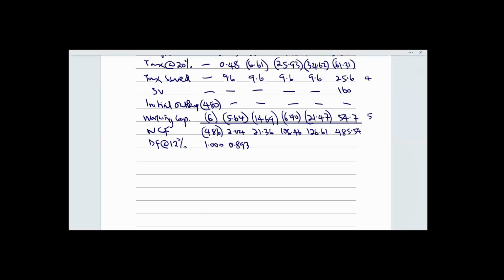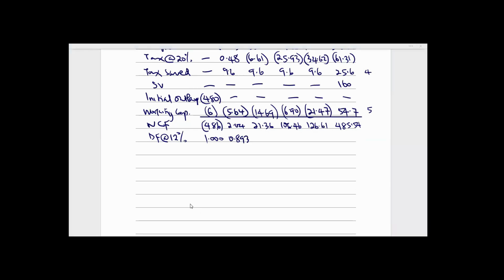Discount factor for year 2 is 0.797. The next is 0.718, then 0.636. Year 5 is 0.567.